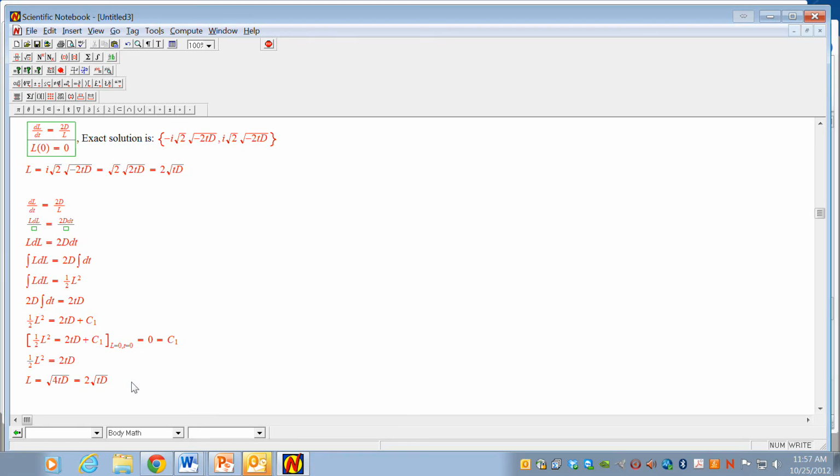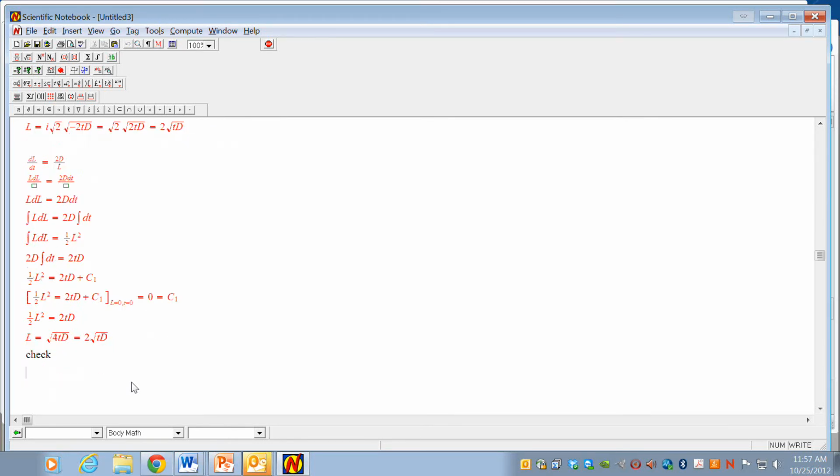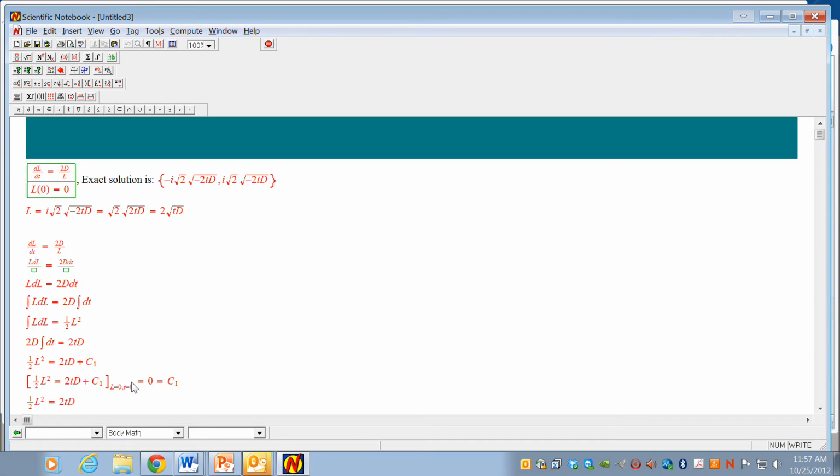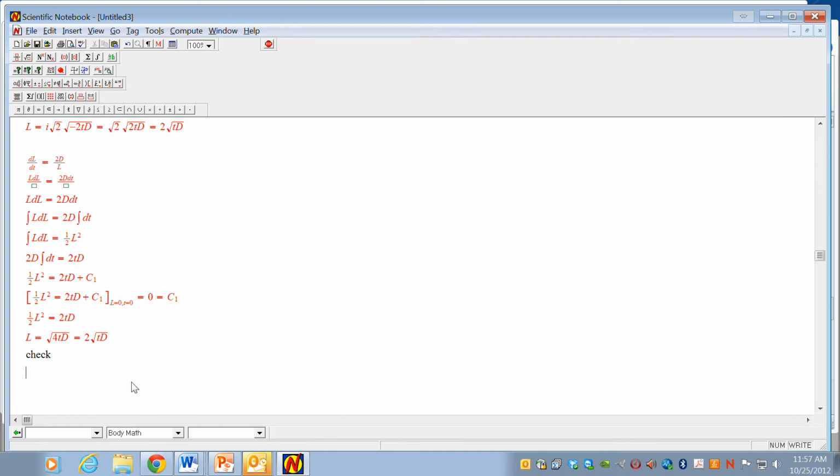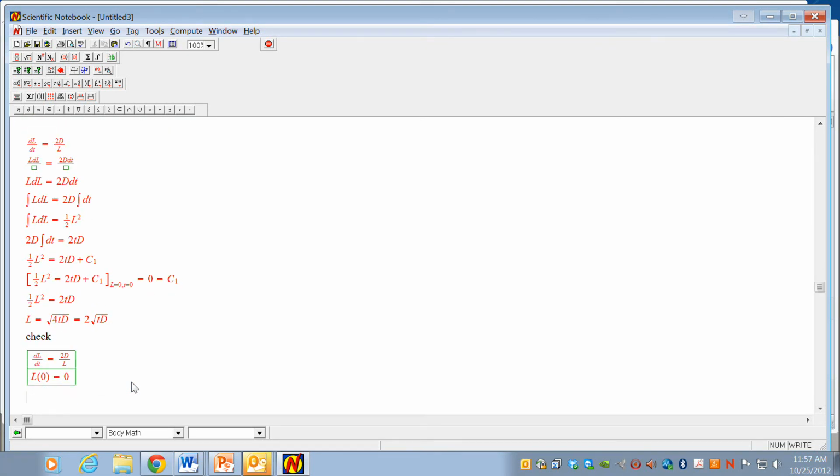And what I'm going to do now is try the check. To check this, we take the result here and substitute it back into these equations. So there's the equation, there's the result. The first thing, let's do the initial condition. Oops. Let's get rid of that.